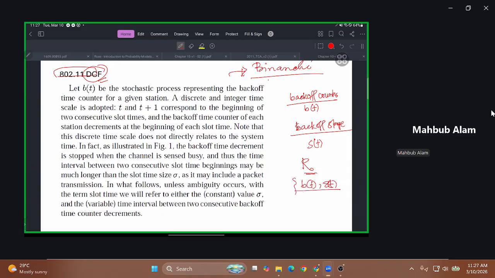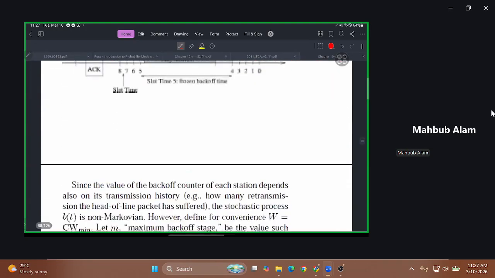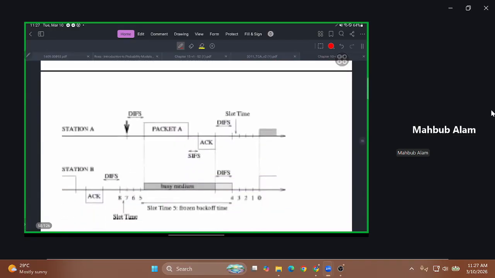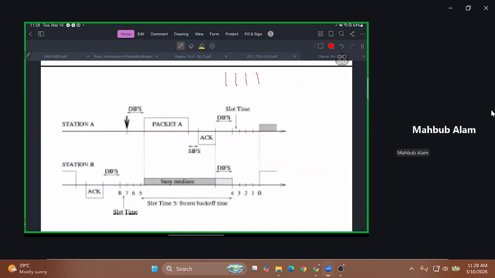And in case of a discrete time Markov chain, it is a two-dimensional DTMC. We need to mention the slot time. Here, one very clever assumption by the author is that a slot time is not fixed.